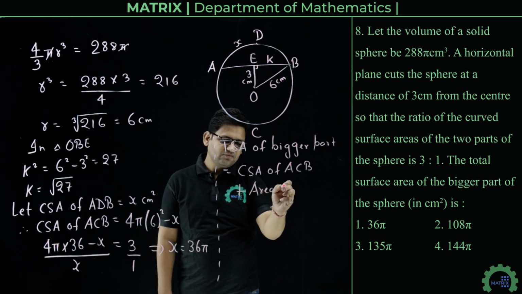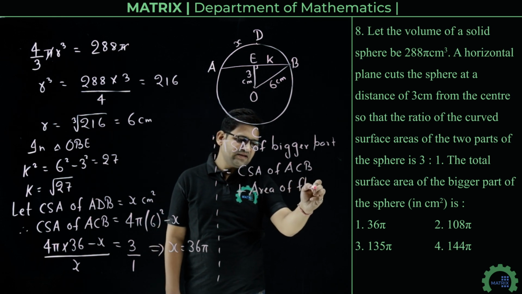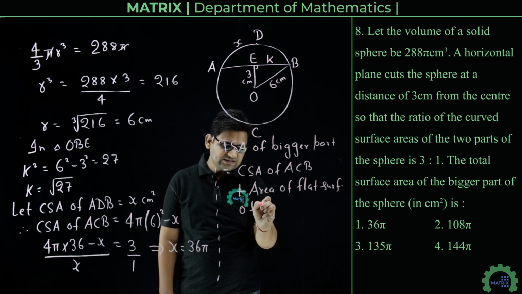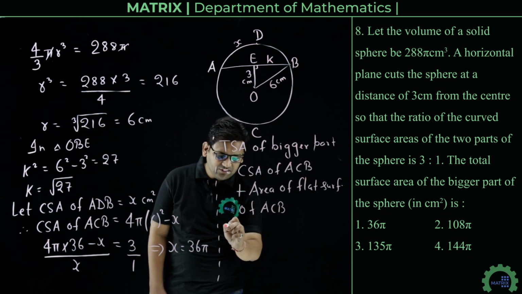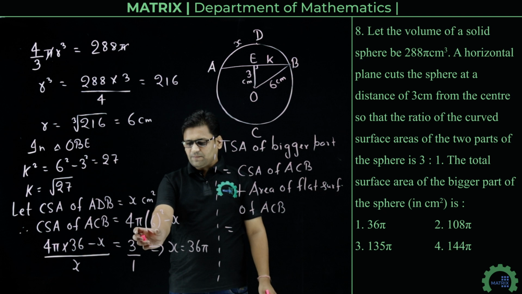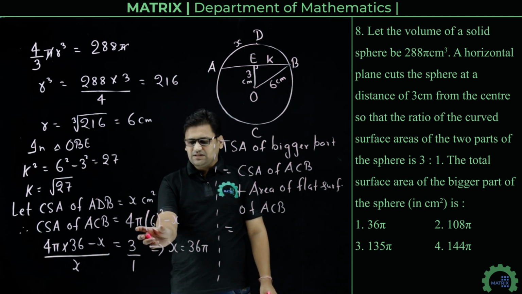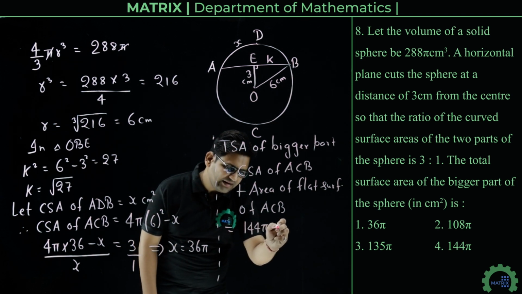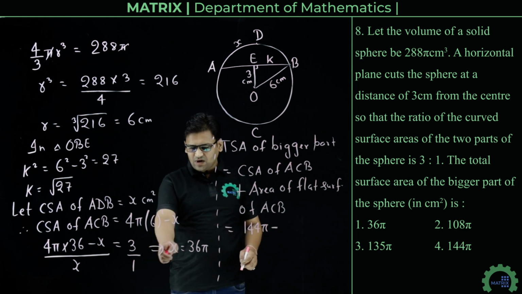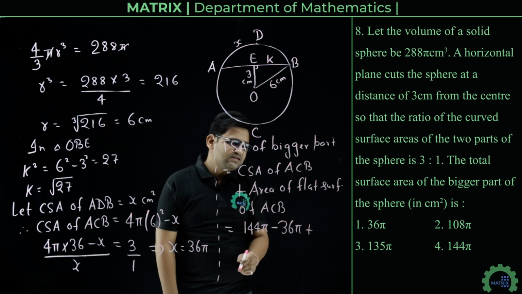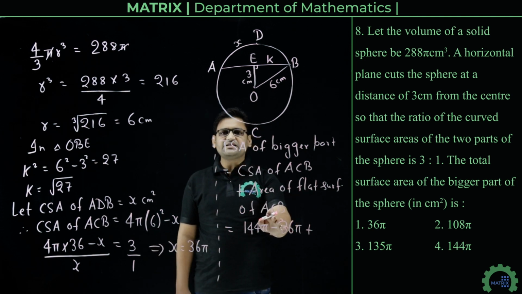The curved surface area of ACB is 144 pi minus x, and x is 36 pi, plus the area of the flat surface of ACB.